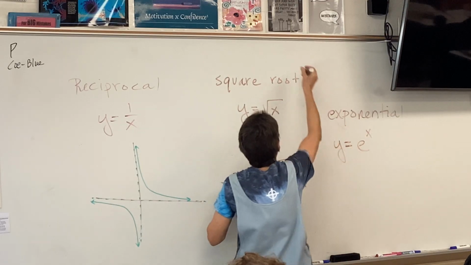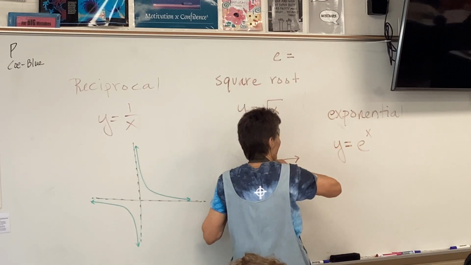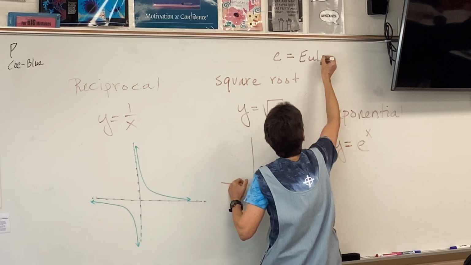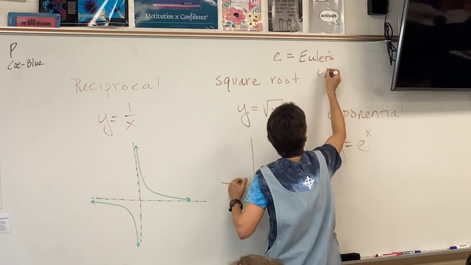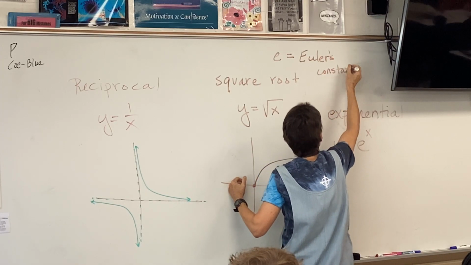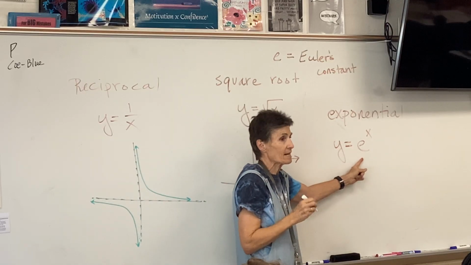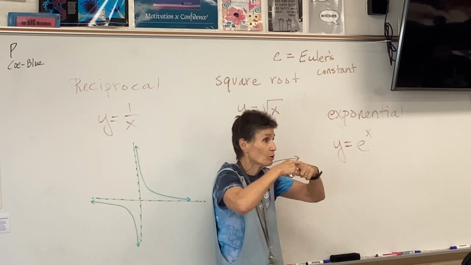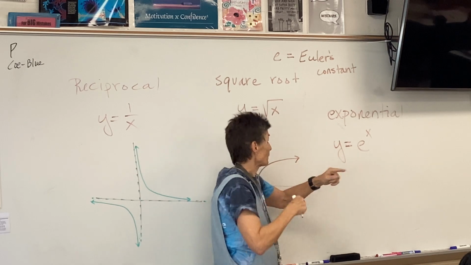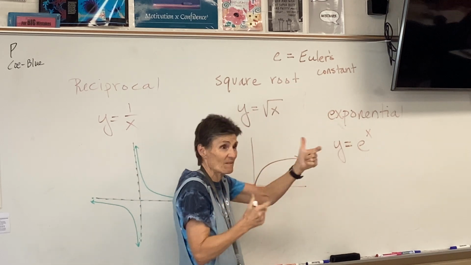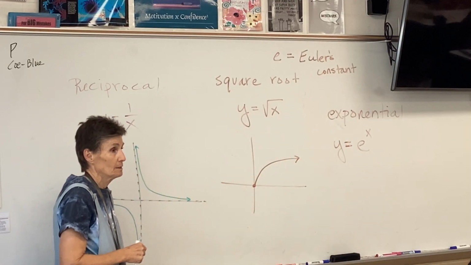That e right there is a very special number in mathematics. It's named for Leonhard Euler. It's called Euler's constant. So I just don't want you to think that e stands for exponential. It doesn't, but you can remember it that way. That e is actually a number. It's like pi. It's a very famous math number.